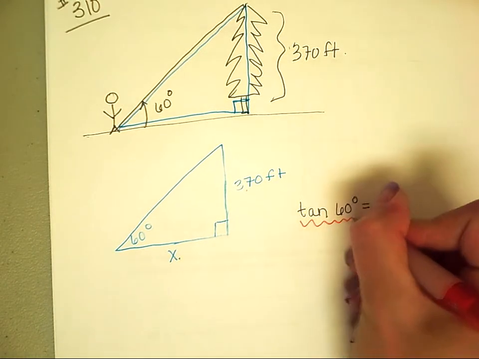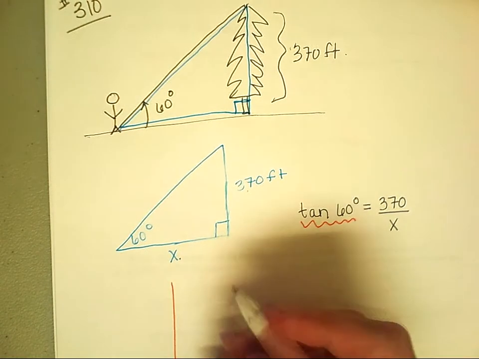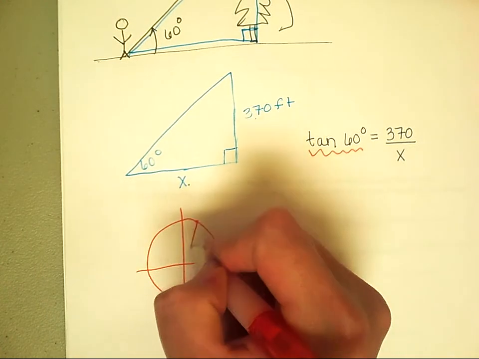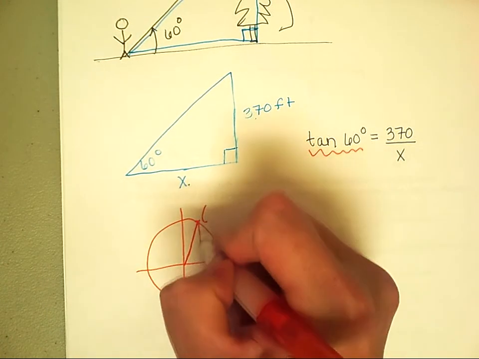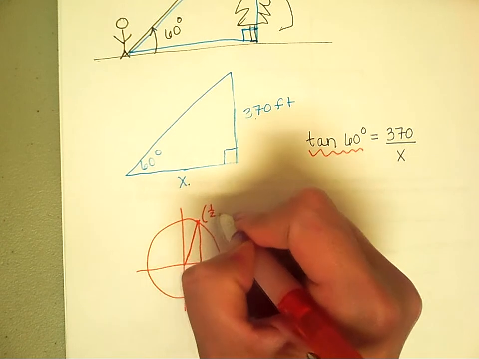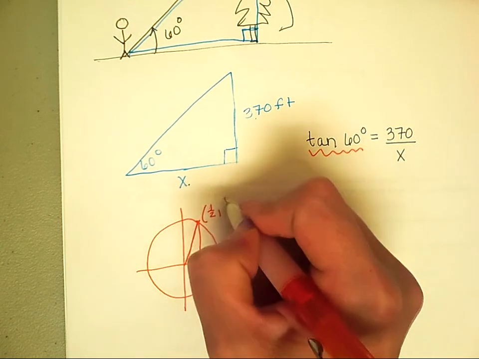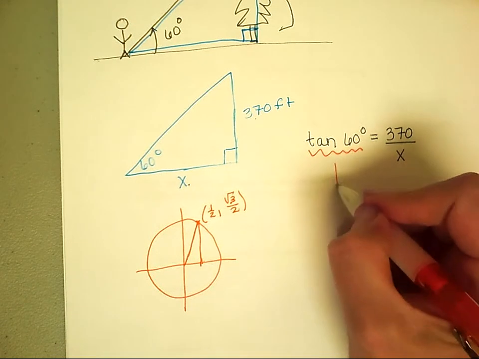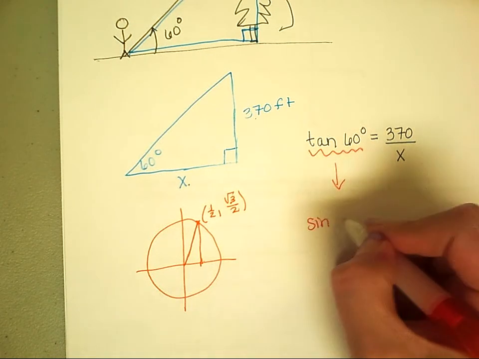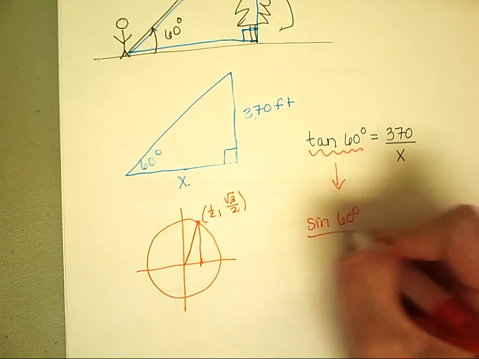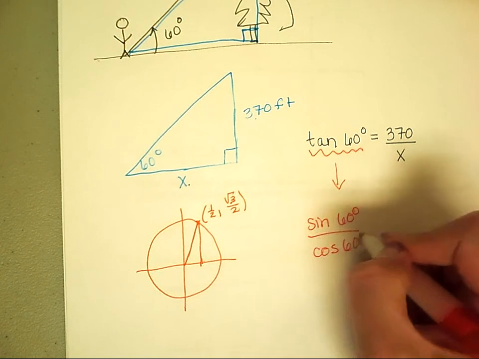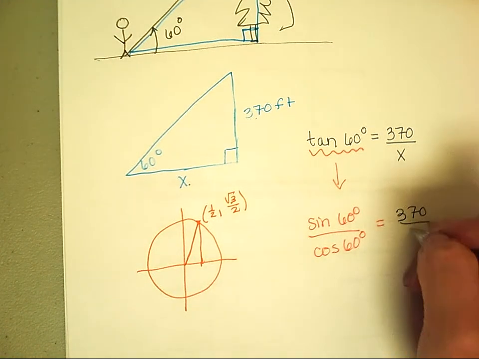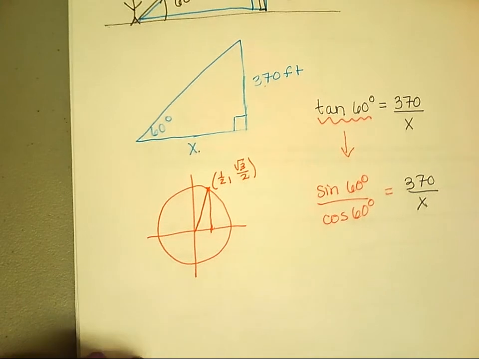But let's make things simple on ourselves. We know what the tangent of 60 degrees is. So the tangent of 60 degrees is the sine of 60 degrees over the cosine of 60 degrees. That's equal to 370 over x.